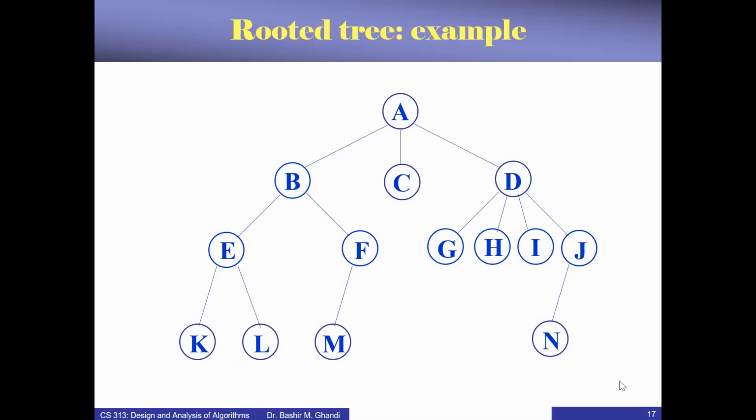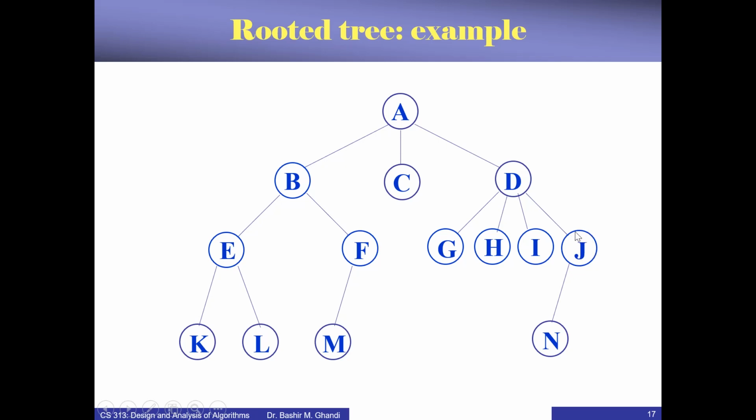These are the properties of a rooted tree. And this is an example. So this is the root. As you can see, it has no parent. It has only children. Leaves, on the other hand, have only a parent, but they have no children. And then the internal nodes are like B, E, F. G is not an internal node, so also H and I, these are leaves, but J is an internal node.